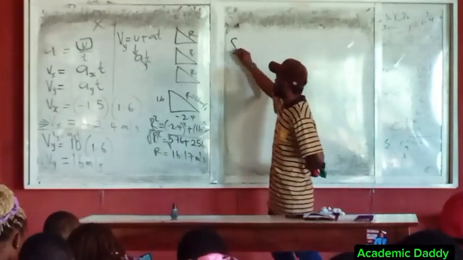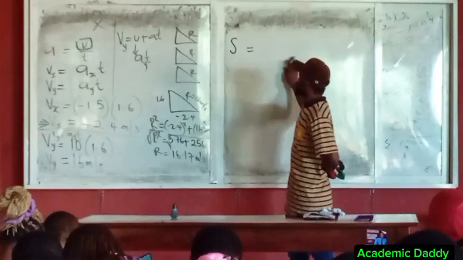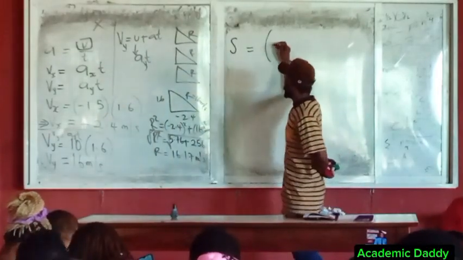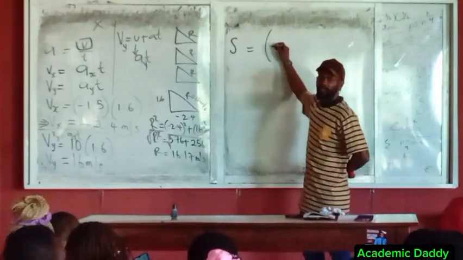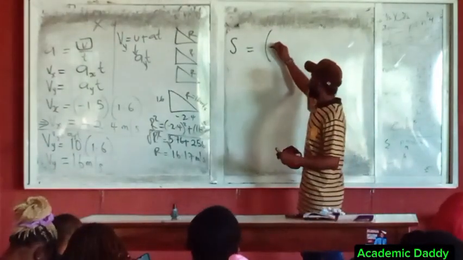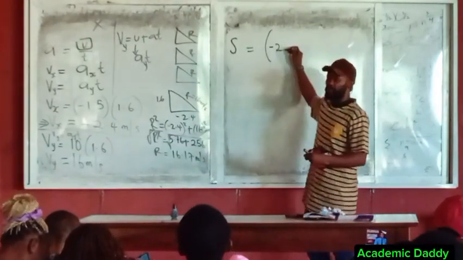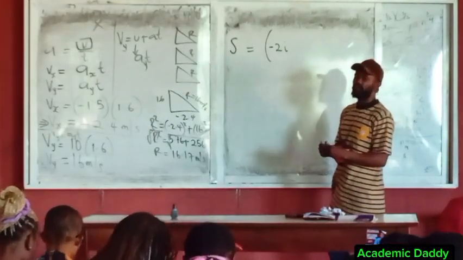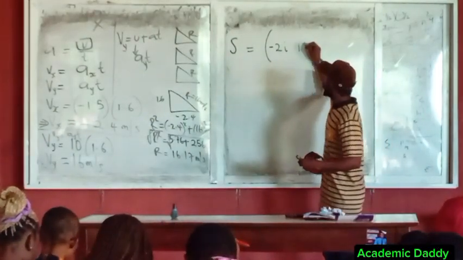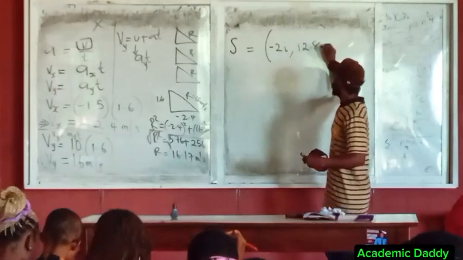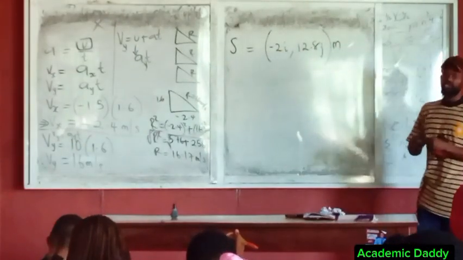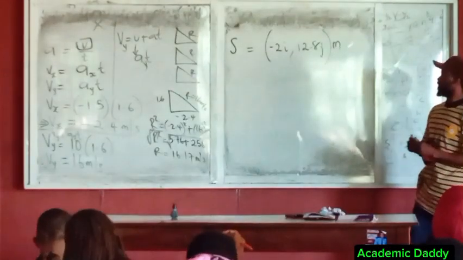So for my position now, my S is going to simply be, what did I get as my S position? Minus 2, in meter, shall we? Then what did I get for the Y position? 12.8, right? J. And everything here is in meter. So this is my position. This is how I present it.